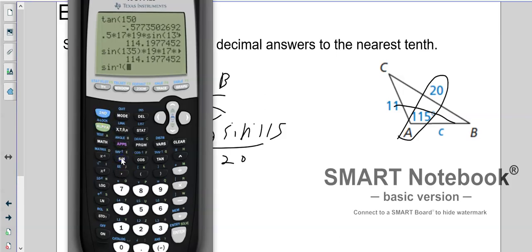Second sine, because I'm trying to find an angle B, and then I just type in. It doesn't matter the order, remember. So I'm going to do sine 115 times 11. 11 times sine 115. Doesn't matter which one I do first, but close parentheses. Because I'm going to divide by 20.